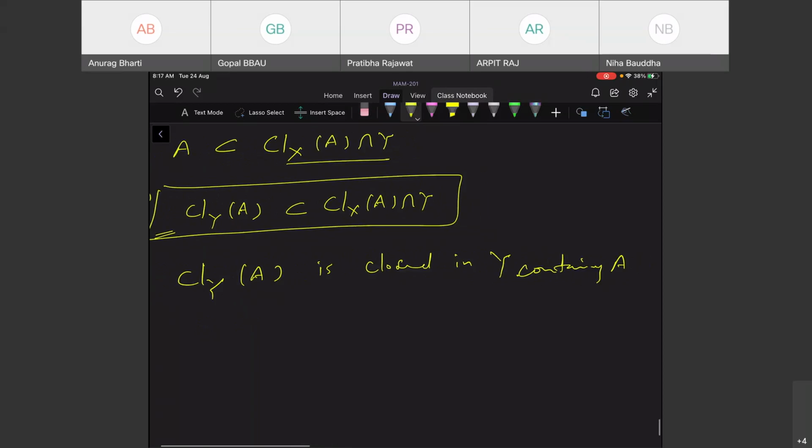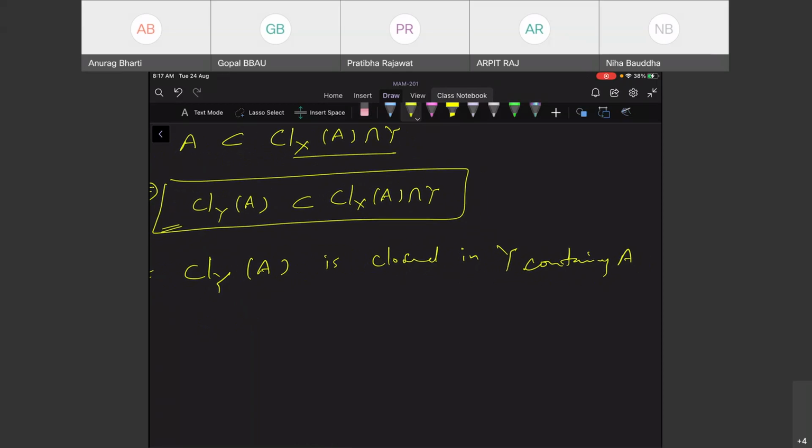Now what you do, you take any closed set E in Y, closed in Y and containing A. So E is closed in Y and E contains A. Now you prove that this closure of A in Y is contained in E. So this is what we will prove.